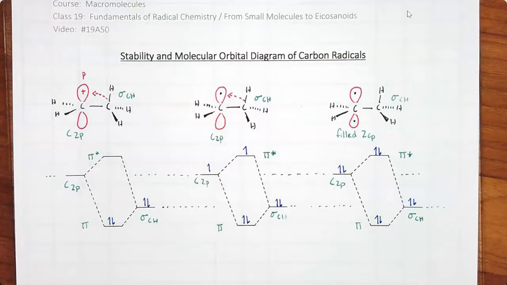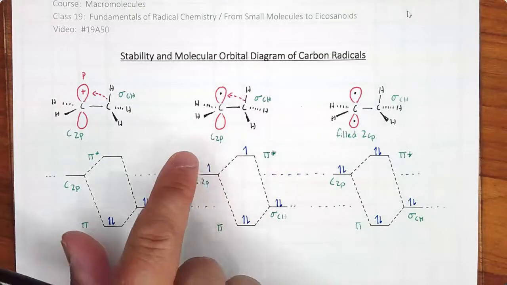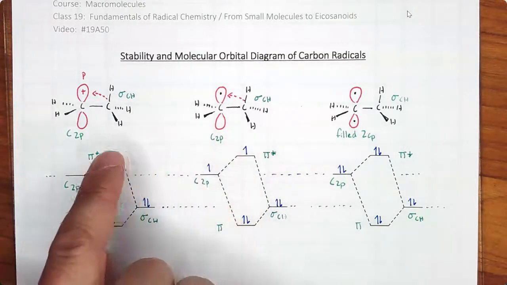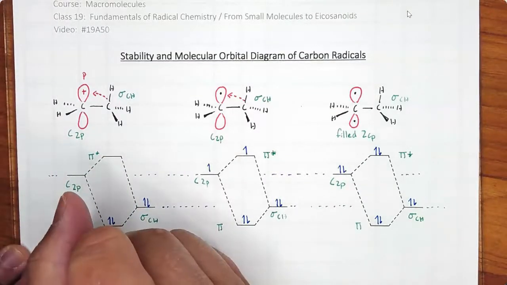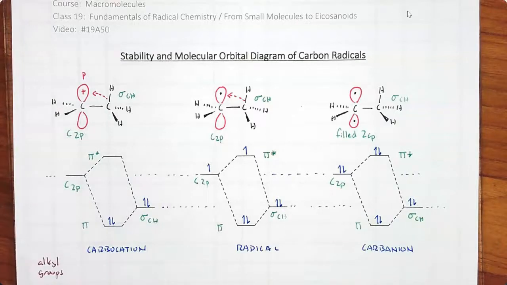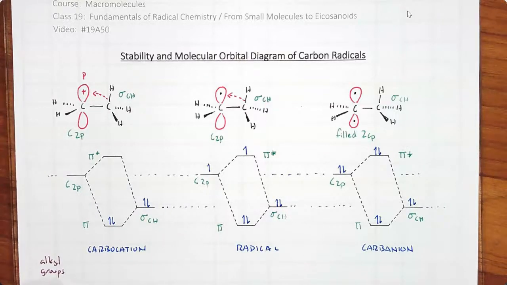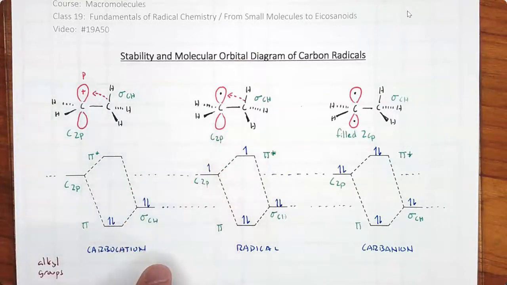Here I have the atomic orbital cartoons for a carbocation. Let me label this actually. I've labeled these carbocation, radical, and carbanion, and we're going to see the effect of alkyl groups based on the cartoons and also on the MO diagrams.